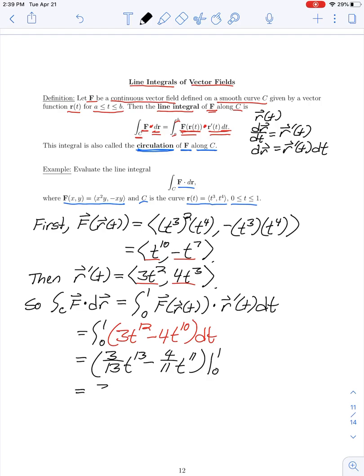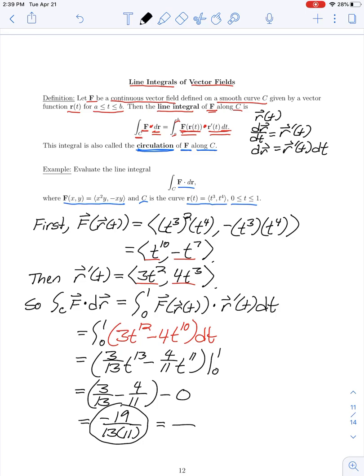So plugging in 1 for t, we have 3/13 minus 4/11. Minus, when we plug in 0 for t, we get 0. So this simplifies to, we're left with a negative 19/13 times 11, whatever 13 times 11 works out to.